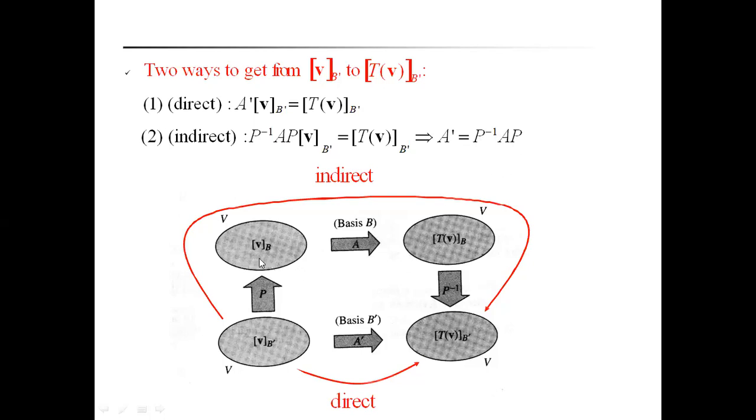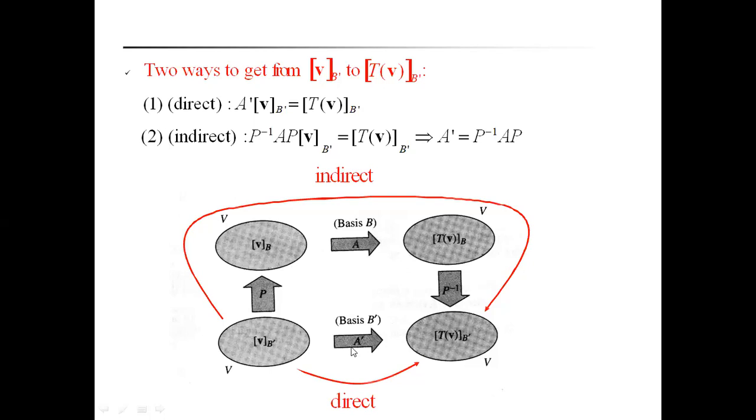See here, the coordinate matrix of V relative to the basis B implies the coordinate matrix of T of V relative to the basis B. So from V to T of V. So here, by taking one more basis, the coordinate matrix of V relative to the basis B dash, we get the transition matrix P, from B dash to B. So the coordinate matrix of V relative to the basis B dash implies getting the A dash matrix.